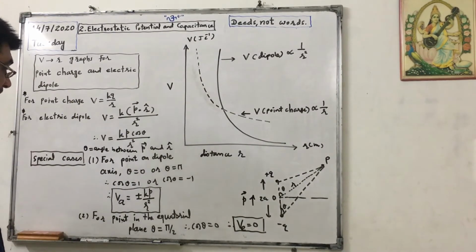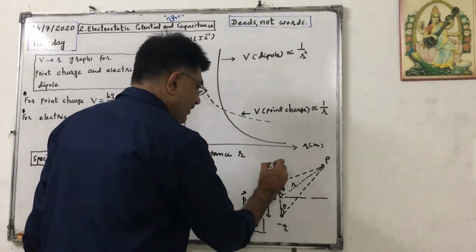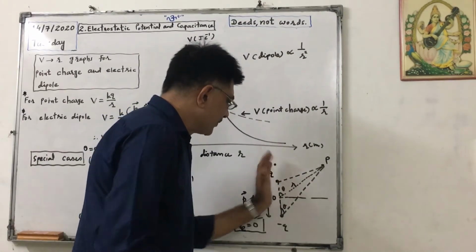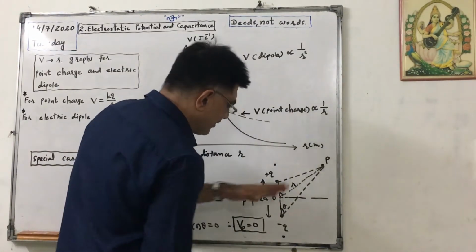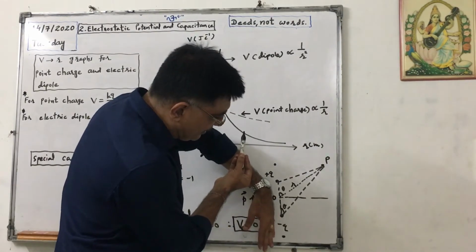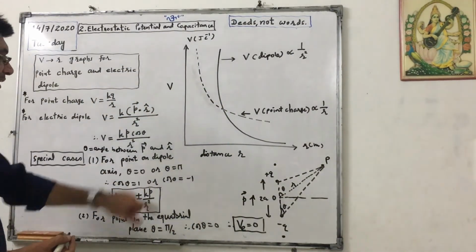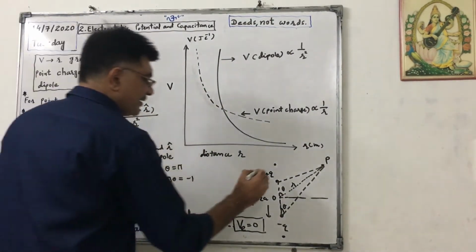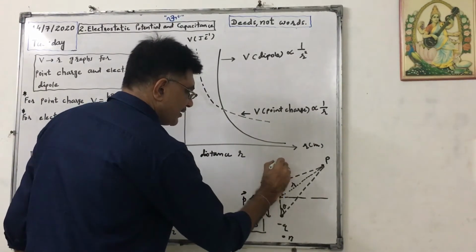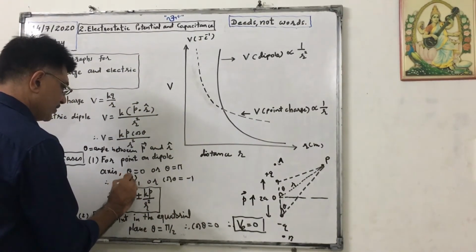We have special cases. For a point on the dipole axis, if I take a point here, theta will be 0. If I take a point here, P is in this direction and R is in this direction, so theta will be 180, that is pi. Suppose this is point A and this is point B. For A, theta is 0.